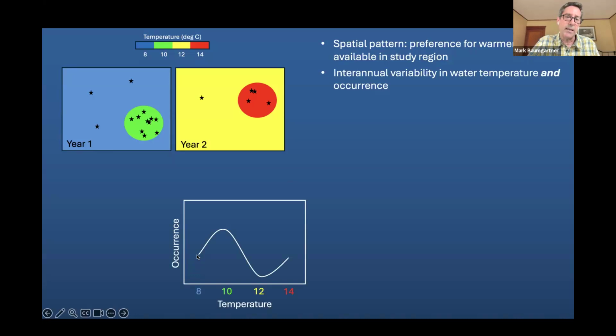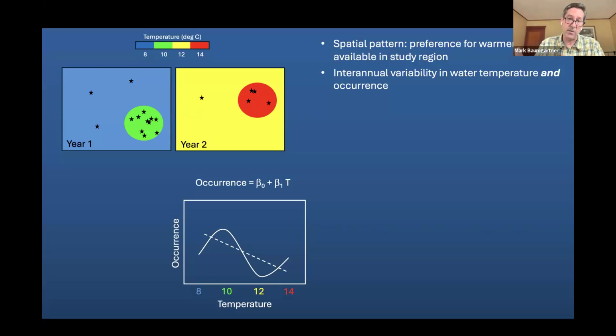So in year 1, 8 degree is low occurrence, high occurrence in 10 degree. In year 2, it's even lower because you have lower occurrence in year 2, much lower in the 12 degree and modest in 14 degree. Well, how do you deal with that? In this case, if you don't account for the temporal variability, your view is exactly opposite what the truth is.